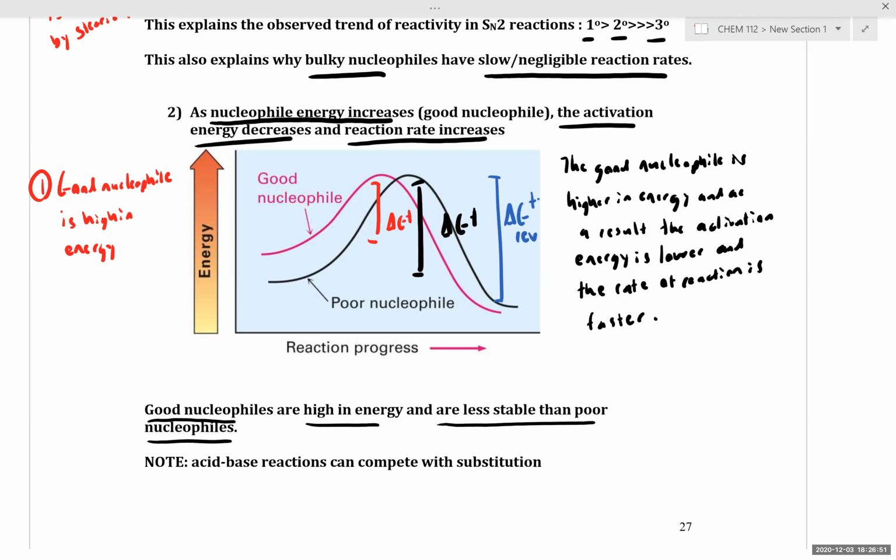And this difference in activation energy is based on the difference in energy between our nucleophile and our leaving group. And usually we set up our SN2 reaction so our nucleophile is higher in energy, so it can kick out our leaving group, and our leaving group is set up so it's not very reactive. It's pretty stable. Does that idea make sense? Does this idea make sense for nucleophile strength?